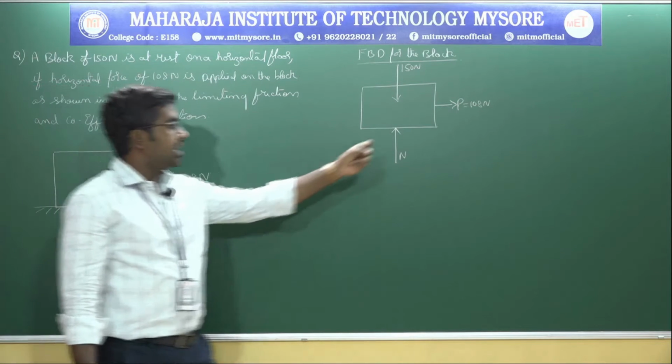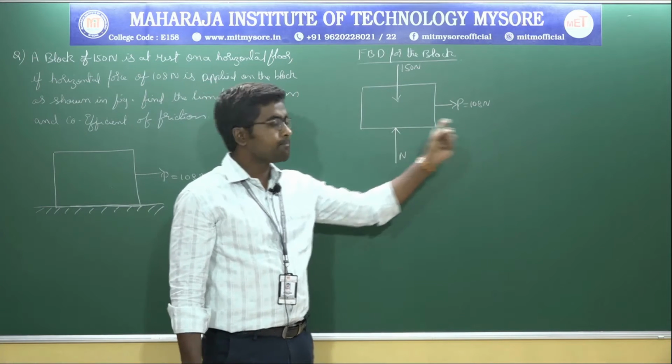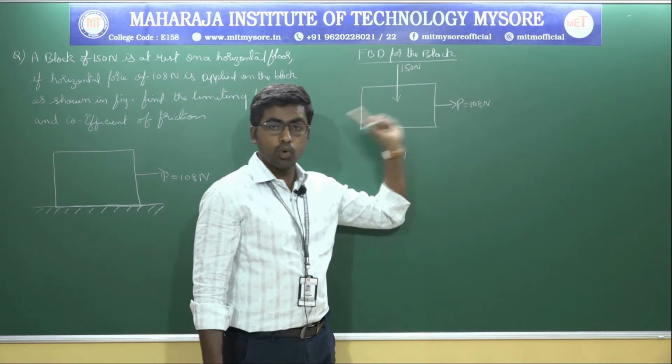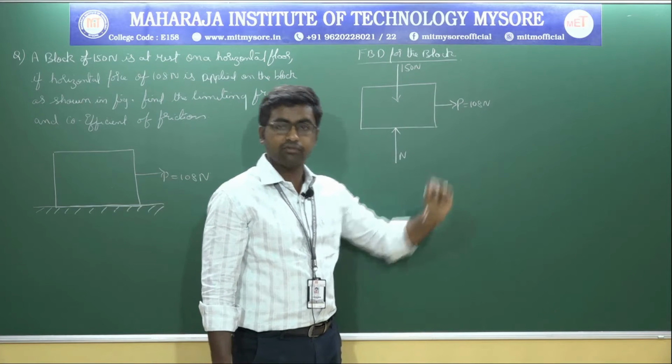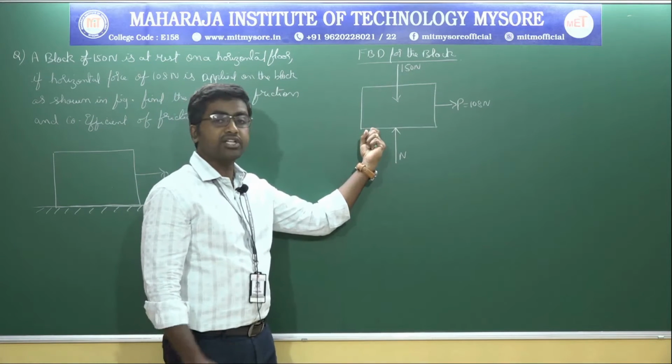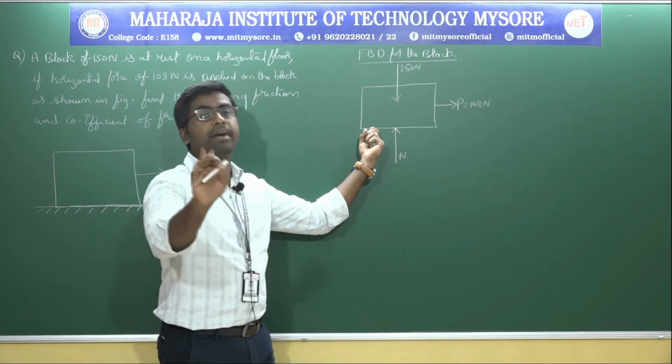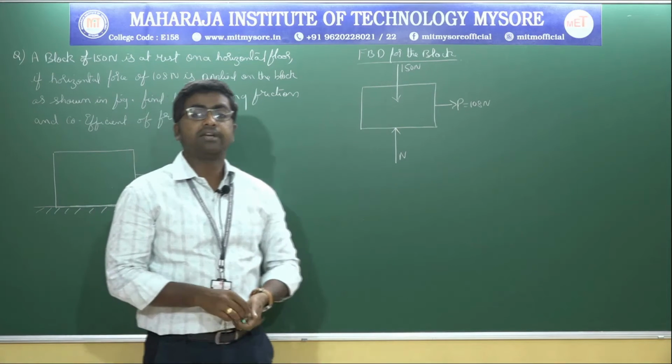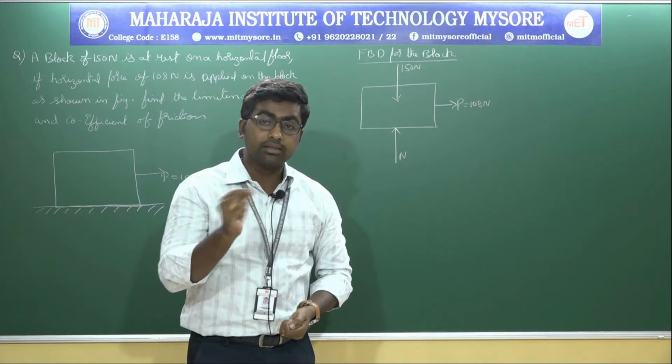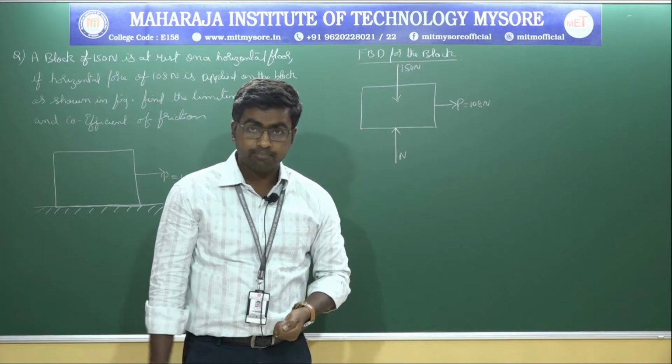If I apply a force in this direction, the body tends to move in the direction of the applied force. Therefore, the friction will be opposite to the impending motion and always the friction will be in between the two surfaces. Right?